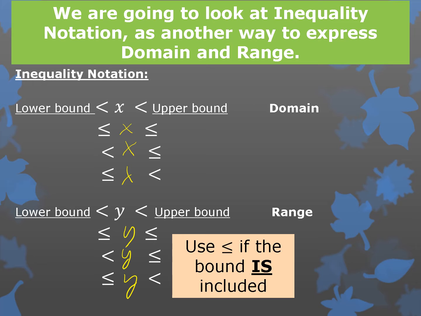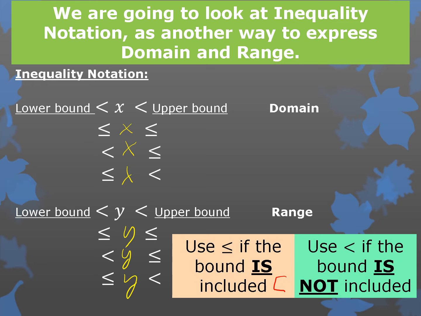So if it helps you think about it, use less than or equal to if the bound is included. This would be where you would use a bracket instead of a parentheses. So if you're going to use a bracket in interval notation, in inequality notation you're going to use a less than or equal to.